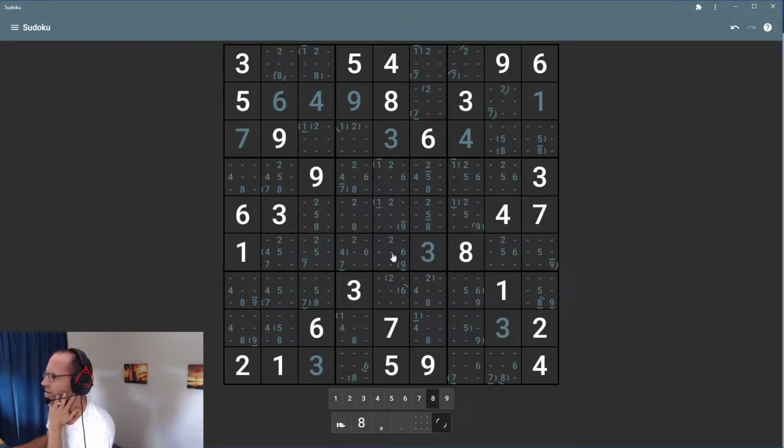What is this cell? Or what is this cell, maybe? I feel like we should know this one, right? Yeah, we filled in this whole block. So that's the 8, which makes that the 6, okay.